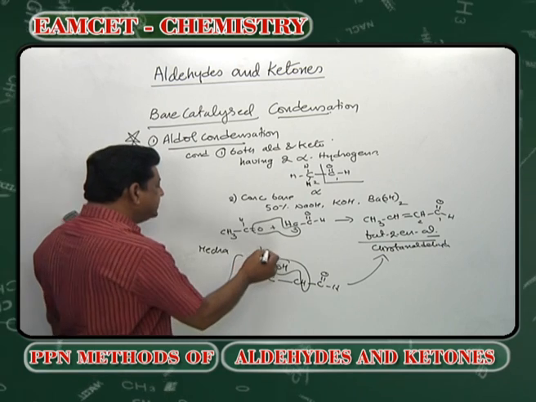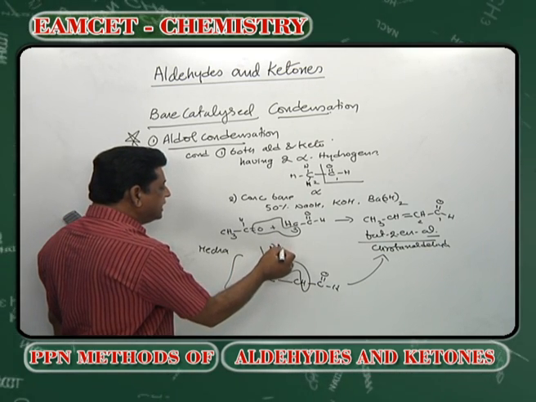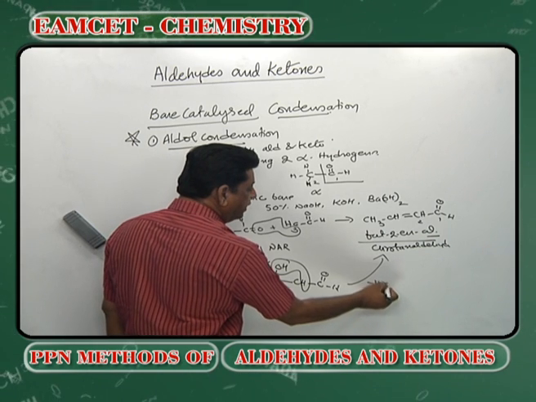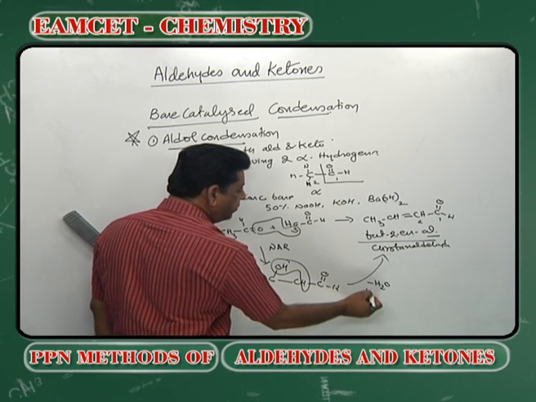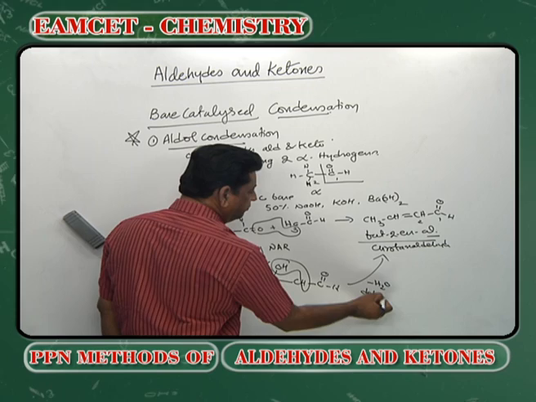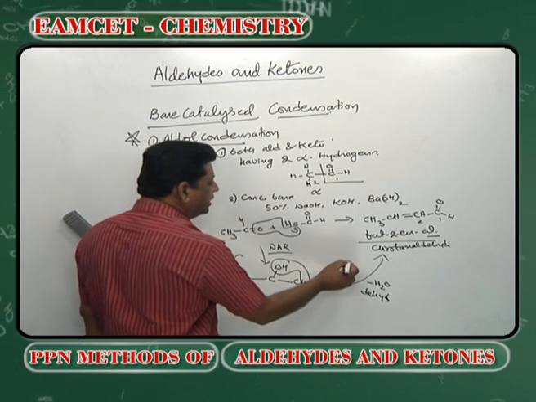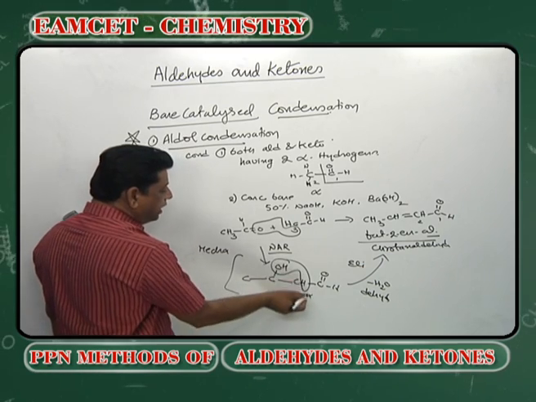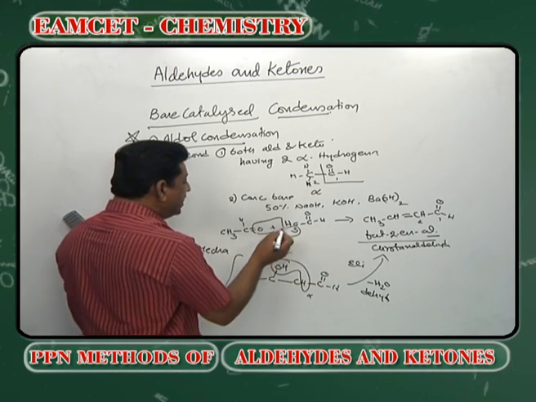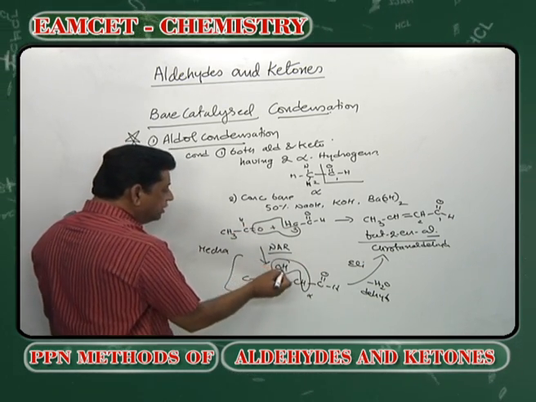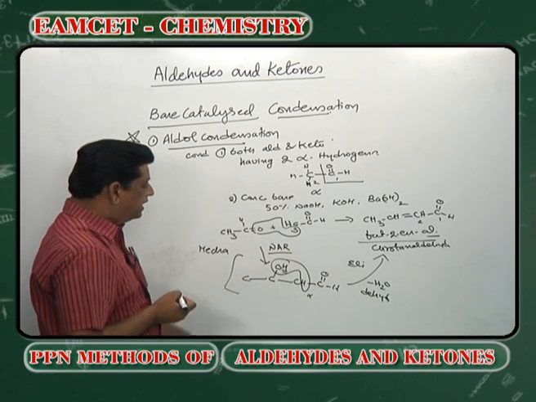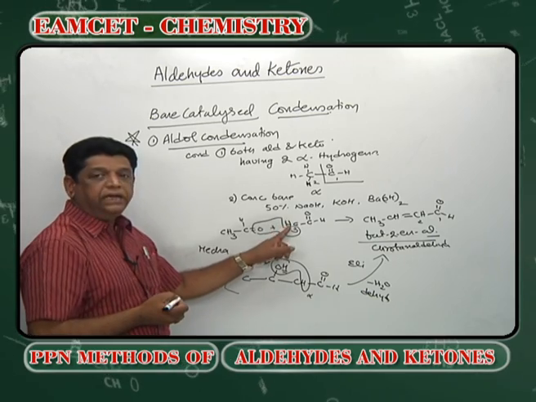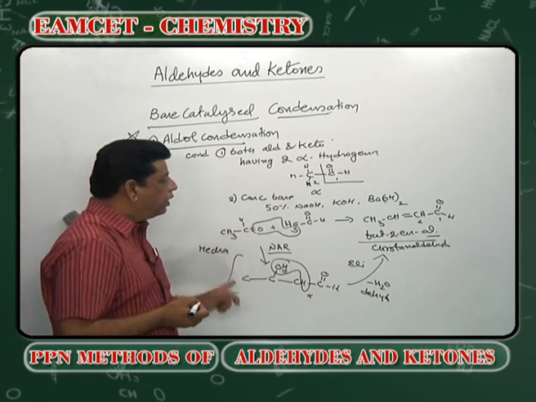This step is called the nucleophilic addition step, an addition reaction. This loss of water is known as dehydration or elimination of water. So one nucleophilic addition followed by the elimination, where one alpha hydrogen and the OH are removed, and the first alpha hydrogen is added on the O. So this is the first alpha hydrogen, then the second alpha.